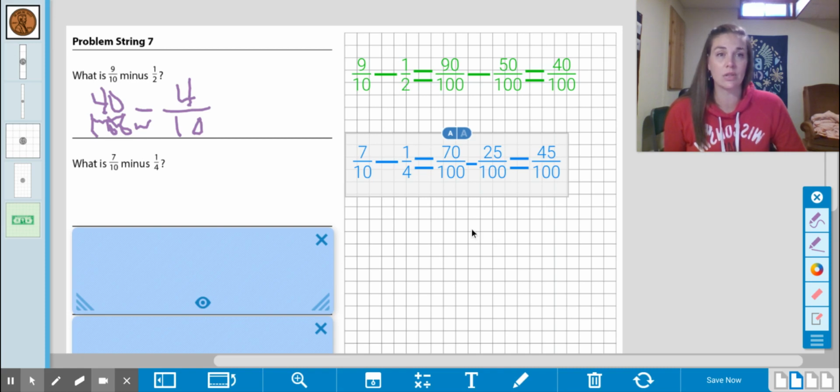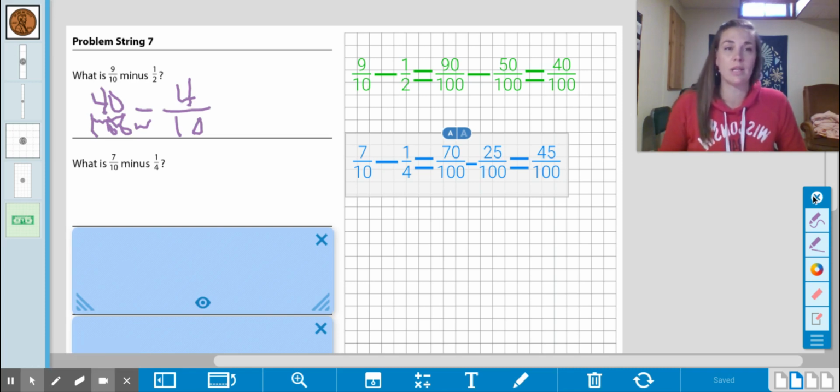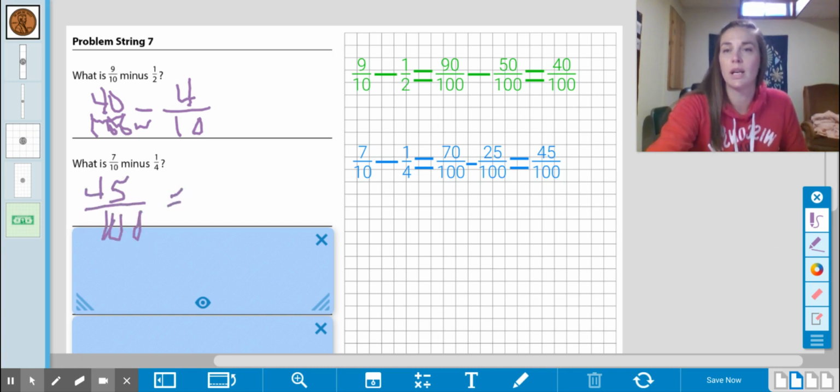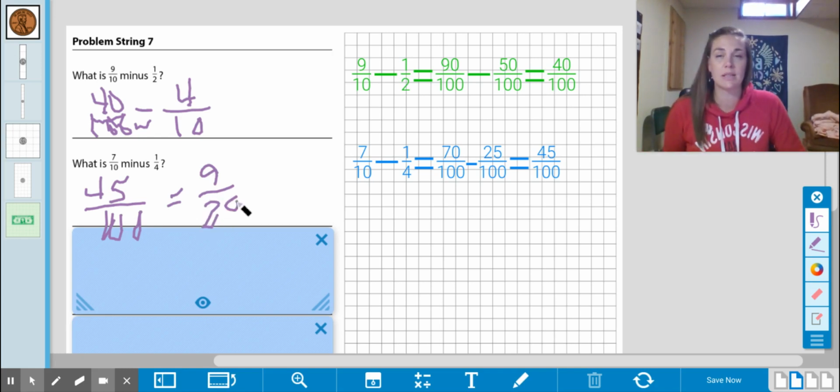So I also could have said that an equivalent answer would be 9/20. That would have been another possible answer I could have added over here on the side. So again, my final answer was 45 hundredths or 9/20. It takes 9 nickels to make 45 cents. It takes 20 nickels to make $1.